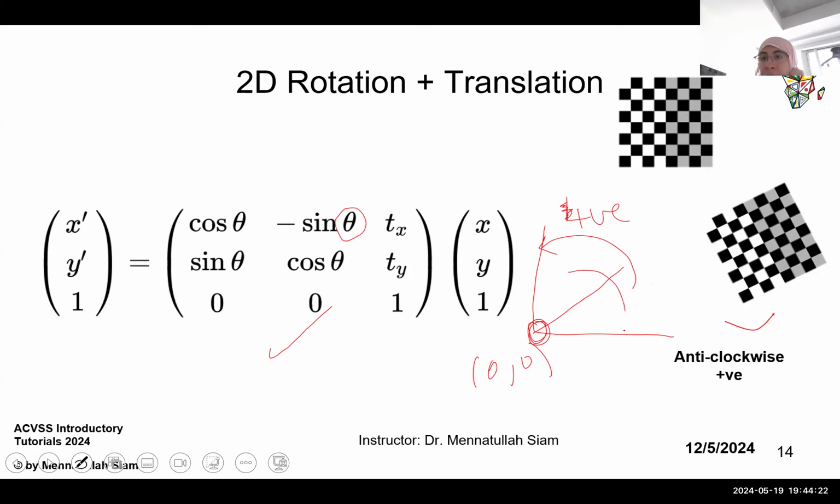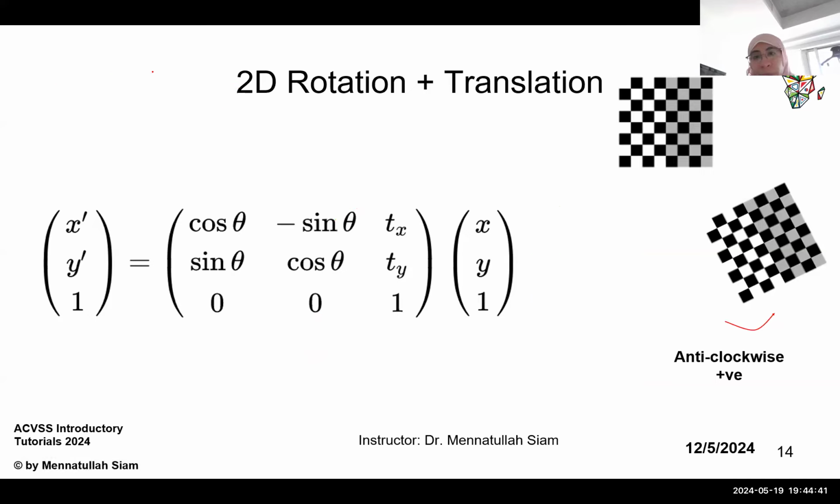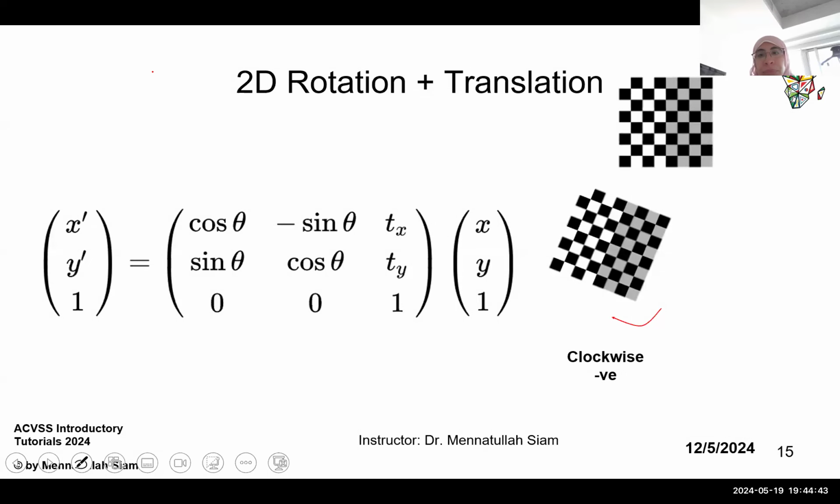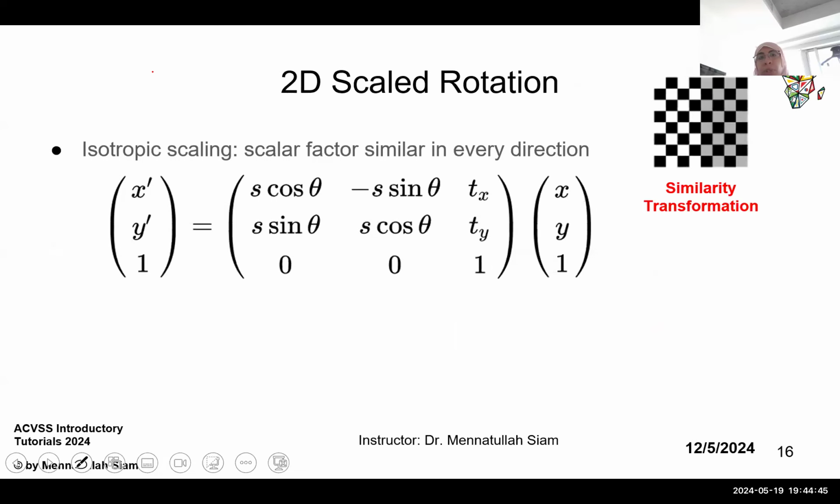Now, if you're trying to move clockwise, then it's a negative. But that's when you are rotating with respect to the origin. In an image, things are flipped, right? Like the origin is up. It's like your axes are flipped, so things will change. You will see in the tutorial next time. I know we will not have the time to go through the practical today. But yes, so this is the positive and negative.